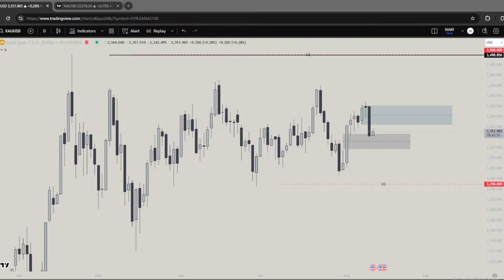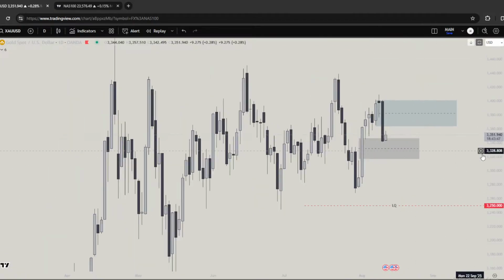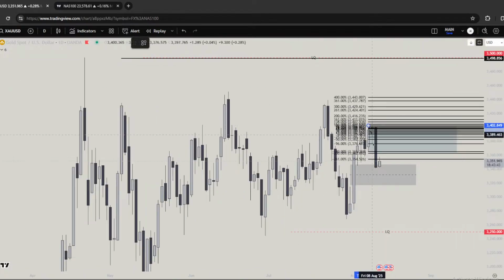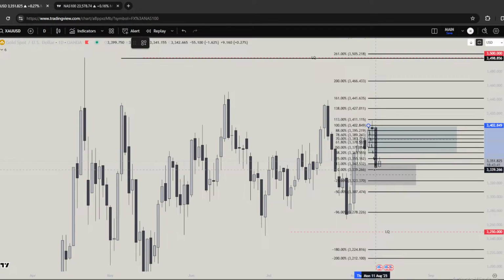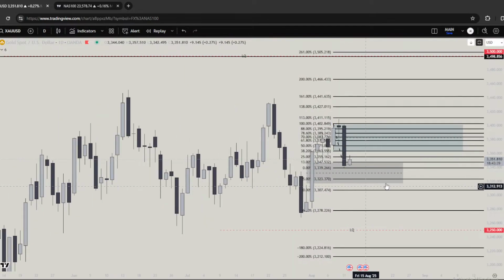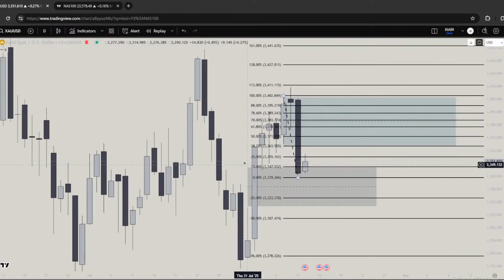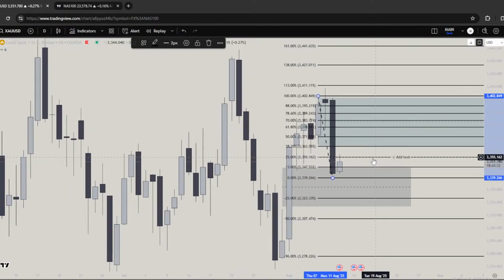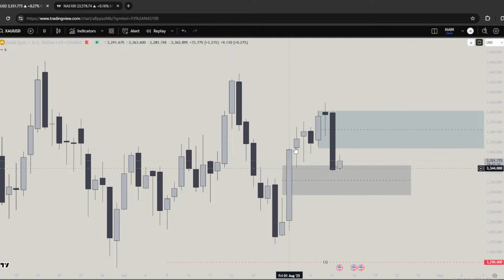It could pull up to 33.58. I'm sure I'm still going to be playing that short. If anything, I could see it pulling back up into that order block.